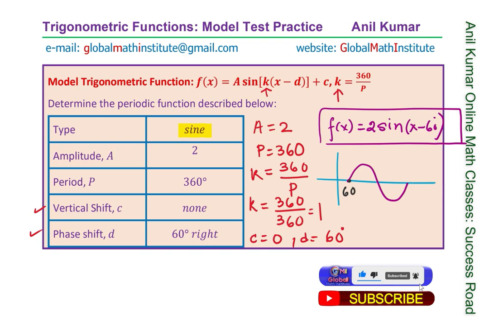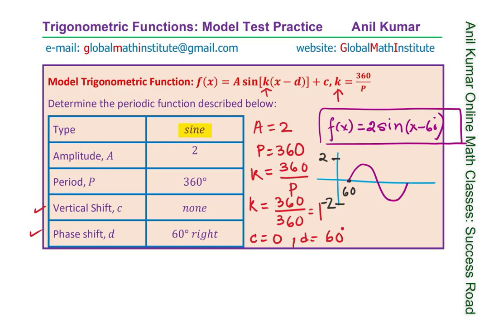So that is where it begins. Maximum, it goes to plus 2, minimum to minus 2, right? So that is how it is. The period is 360, and therefore it will end at 360 plus 60, right? Which is 420, correct? So that is how the sine wave can also be sketched. Perfect. So I hope you have understood, right?